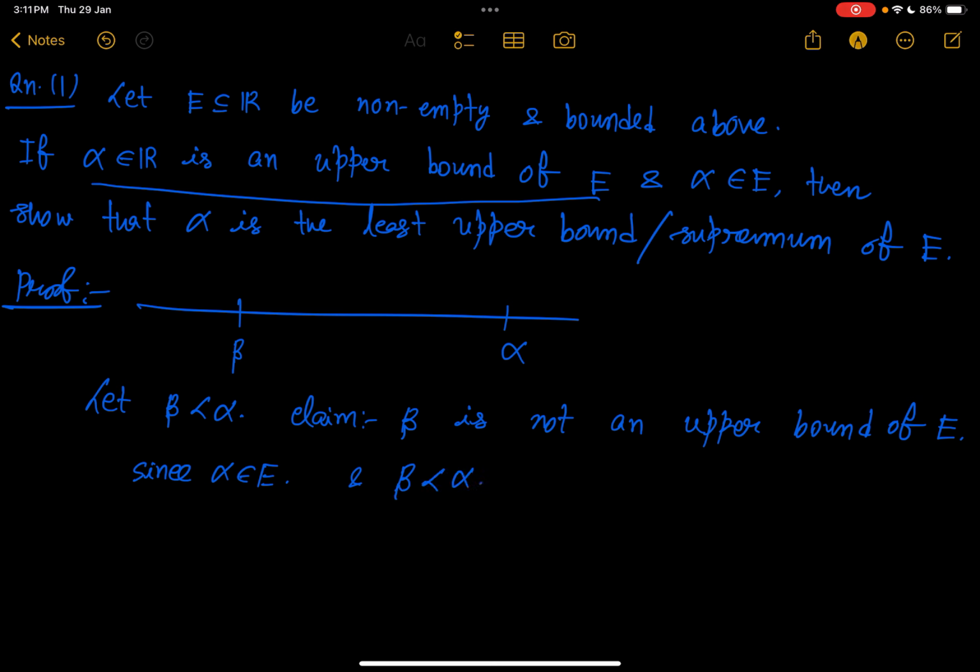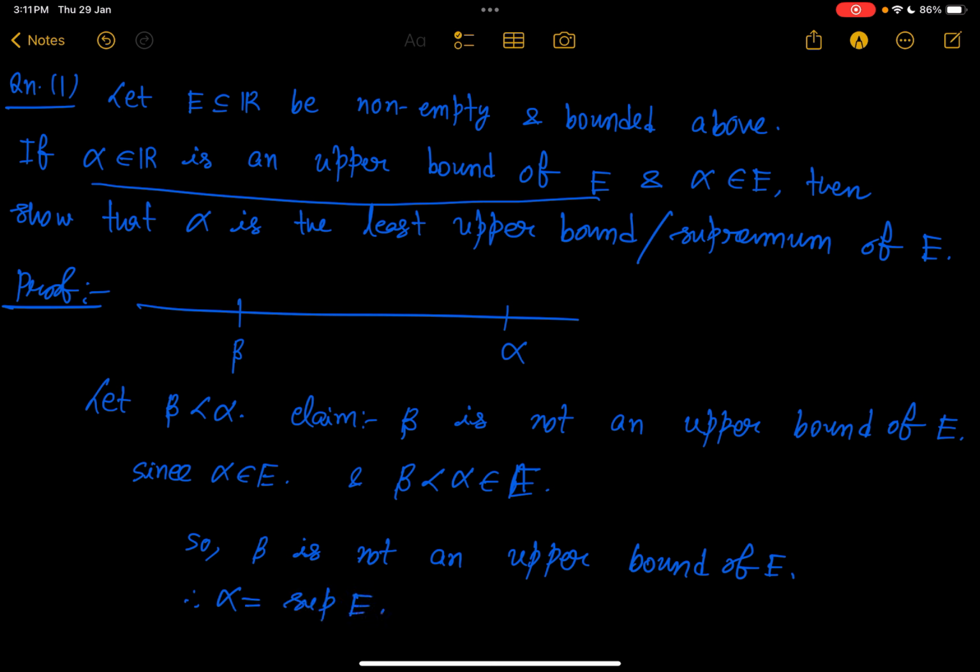So beta is not an upper bound of E, because if beta is an upper bound, beta has to be bigger than or equal to alpha, because alpha belongs to E. In fact, beta has to be bigger than or equal to every element of the set E. But alpha is inside the set E, so beta is not an upper bound of E. So my alpha is nothing but the supremum of the set E, or the least upper bound of the set E.